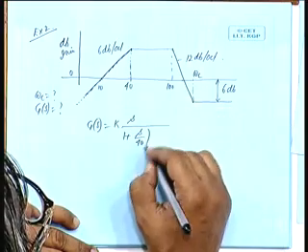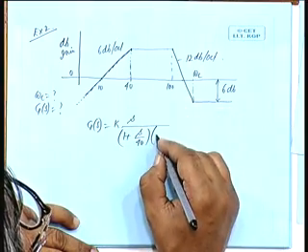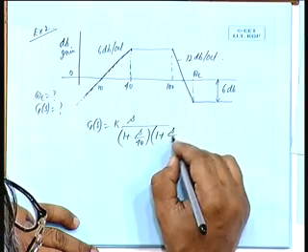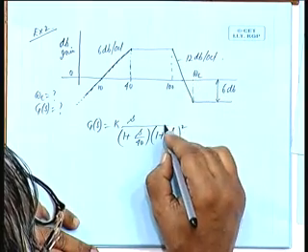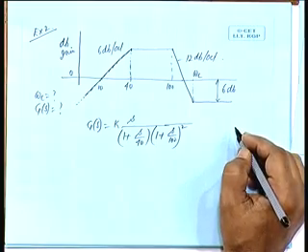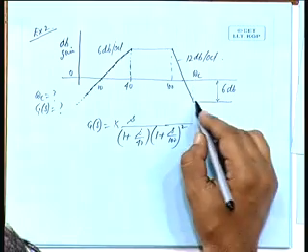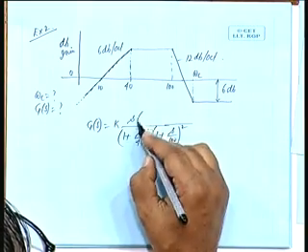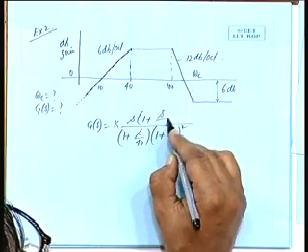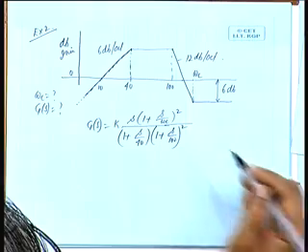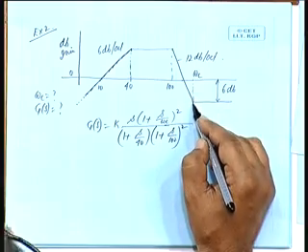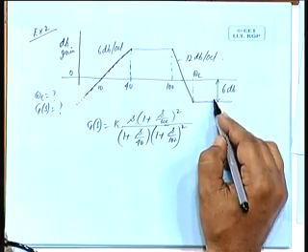Then S by 100 squared, is it all right? And then this will be 1 plus S by omega c squared, is it okay? From minus 12 dB it becomes 0 dB.